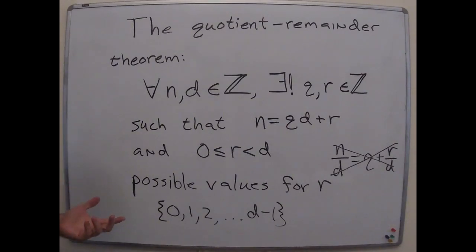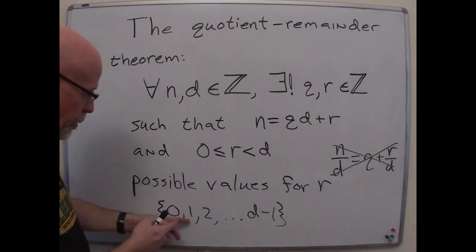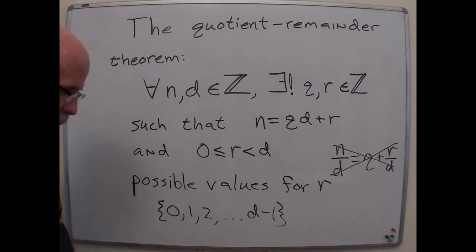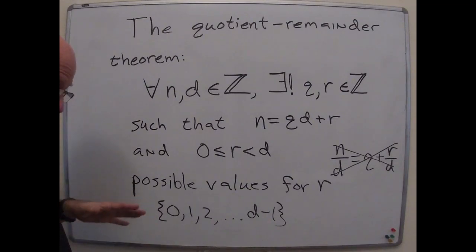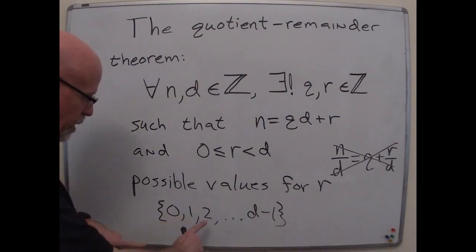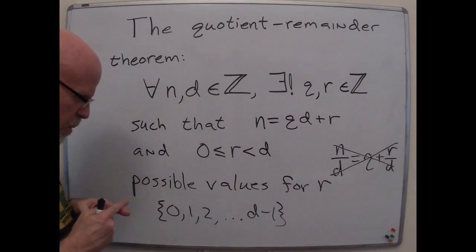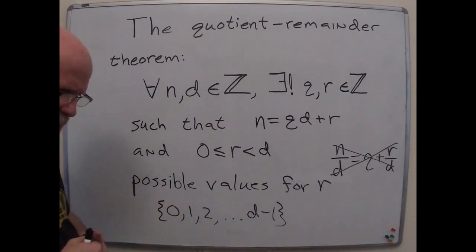Because if I have a number that leaves a remainder 1 and another number that leaves a remainder 2, we've got to talk about two different issues: disjointness and then exhaustiveness. So if I had two numbers, one with remainder 1 and one with remainder 2, is it possible they were the same? Is it conceivable we'd have one number that gave us both a remainder of 1 and a remainder of 2? That sounds a little fishy to me.